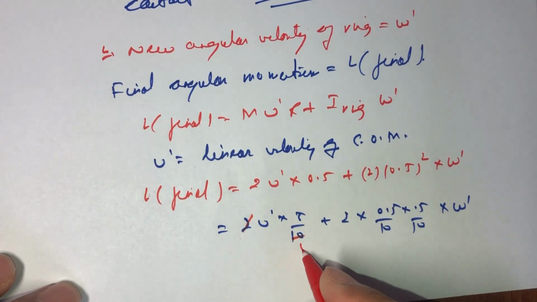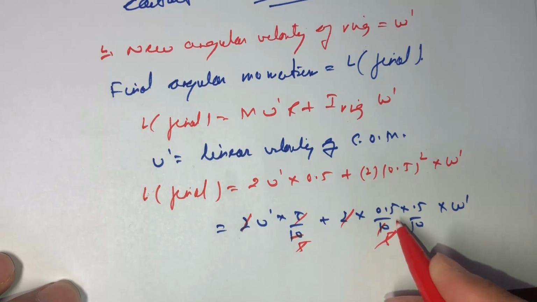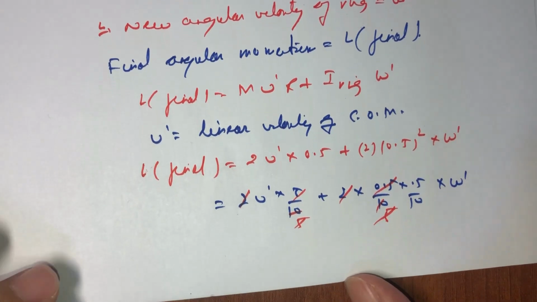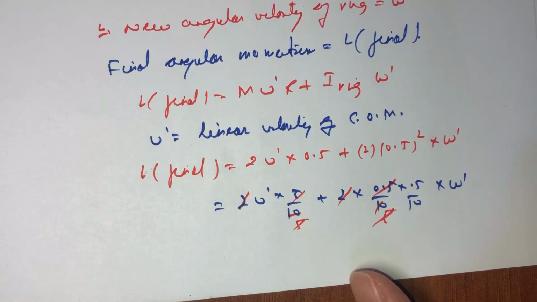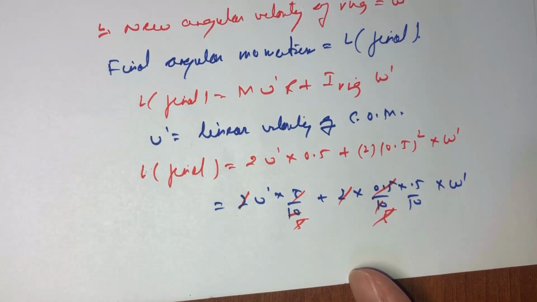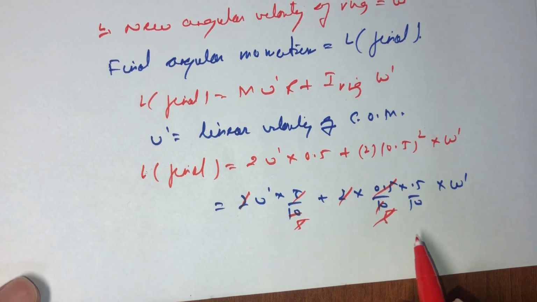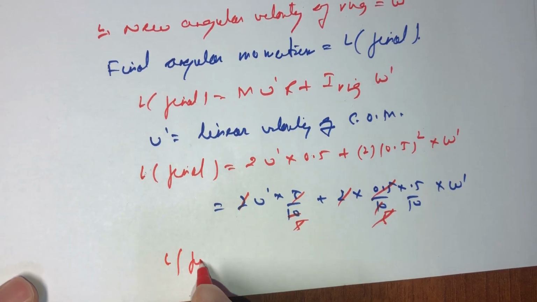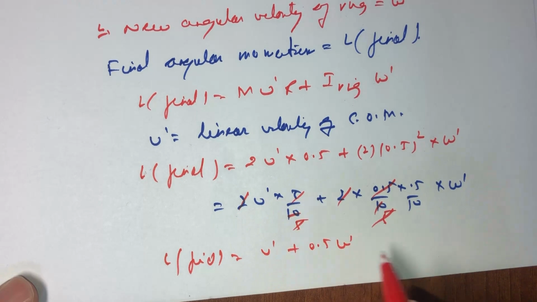So 5 and 5 cancel, and we get L final will be equal to v prime plus 0.5 omega prime.